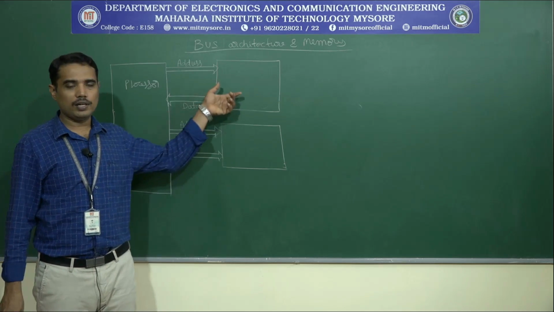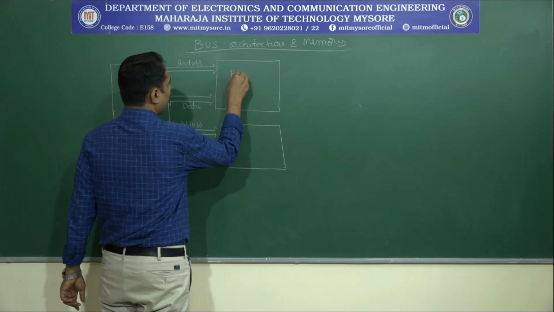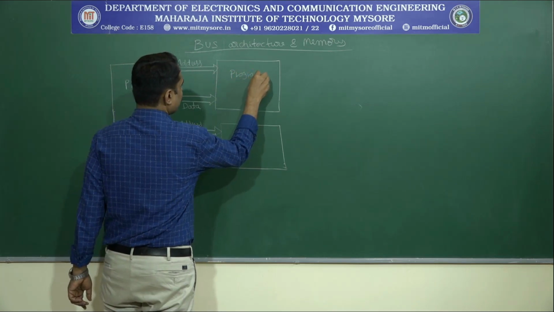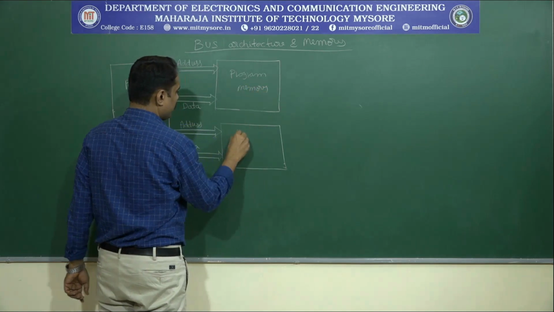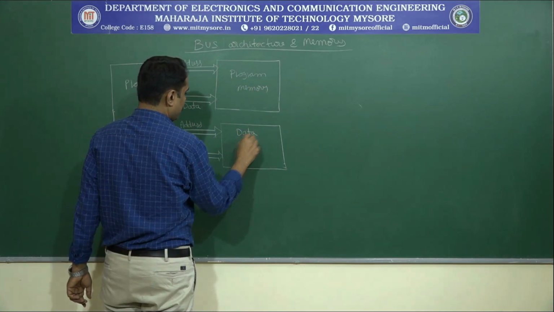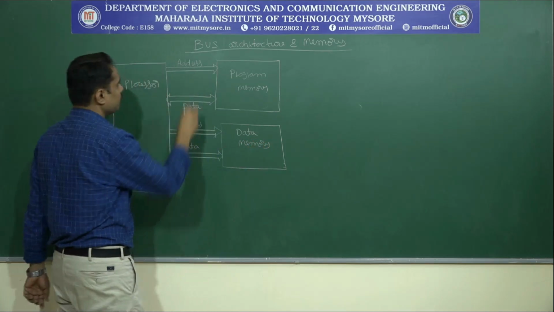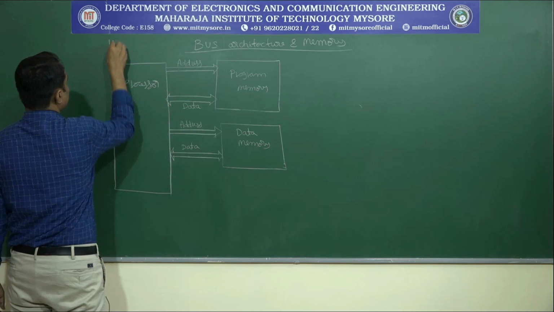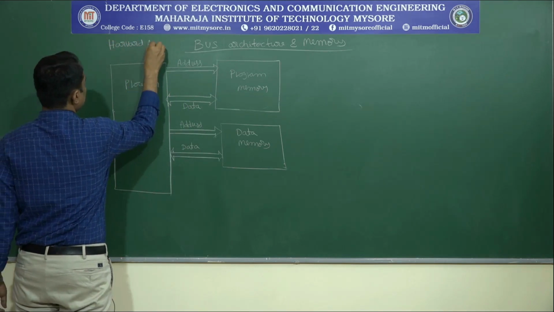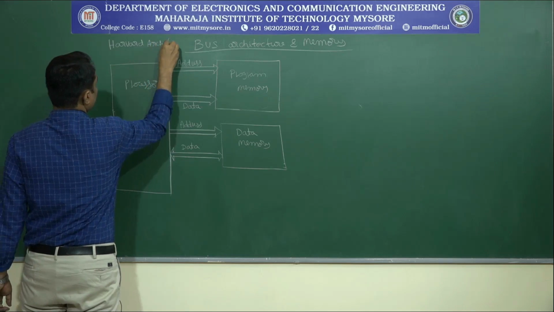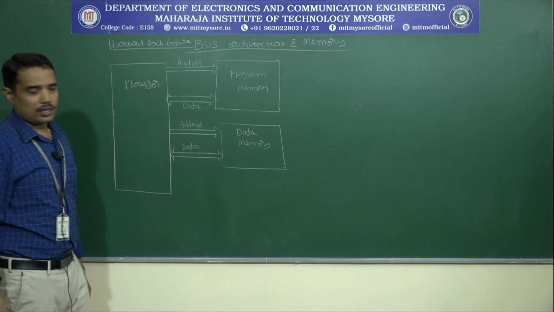This is the block diagram of the Harvard architecture. In this Harvard architecture, we have a separate block for program memory and a separate block for data memory. This is Harvard architecture.